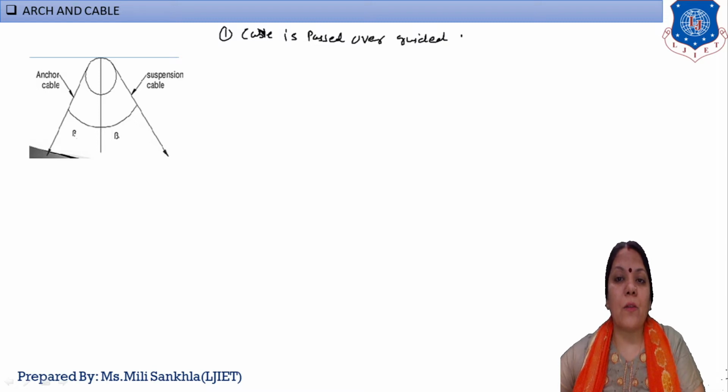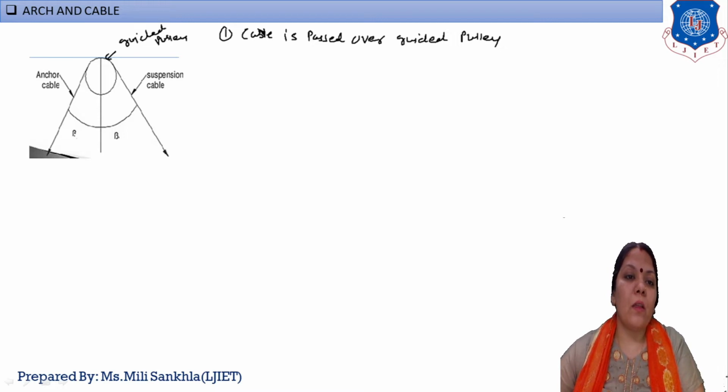Cable is passed over guided pulley. Okay, this portion is our guided pulley. Here tension force T is equal to T, because when the cable is mounted on a guided pulley, tension force in the suspension cable and anchor cable are equal.